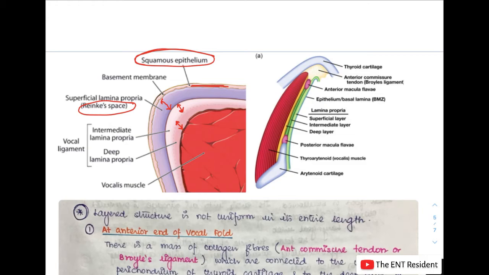Now, this intermediate and the deep part of the lamina propria together are known as the vocal ligament. And lastly, the main content of the vocal folds is the vocalis muscle. So, these are the 3 layers of the vocal folds.